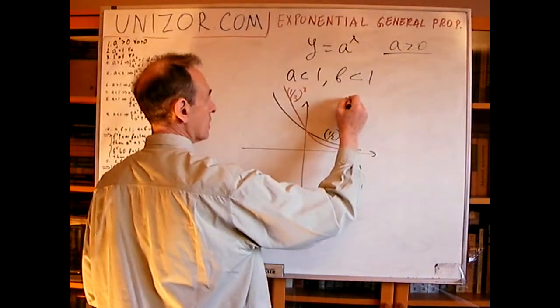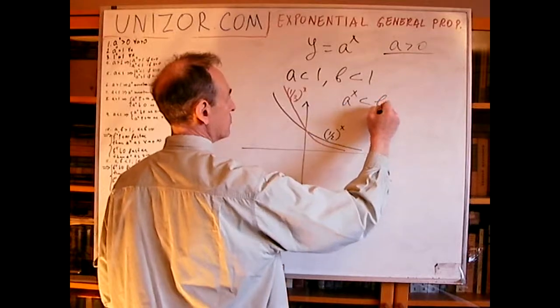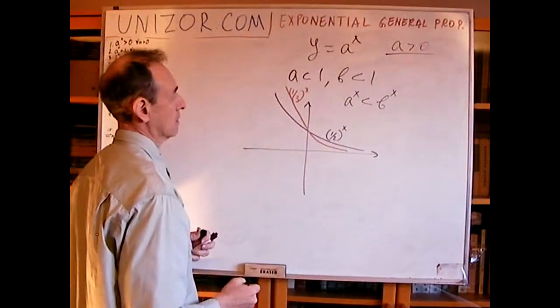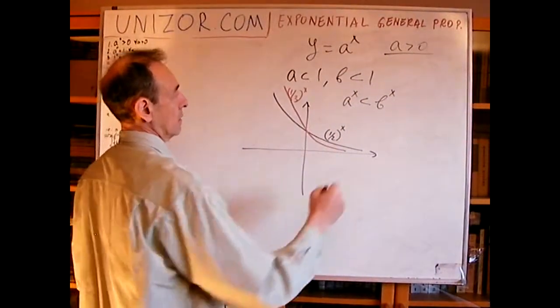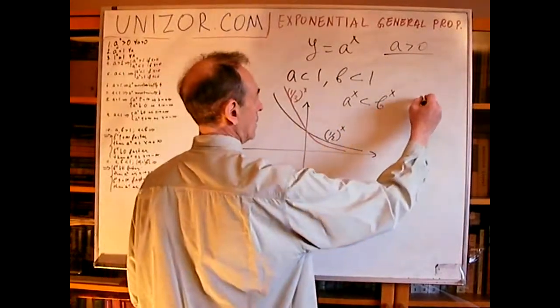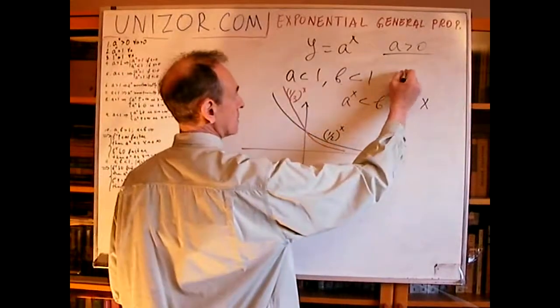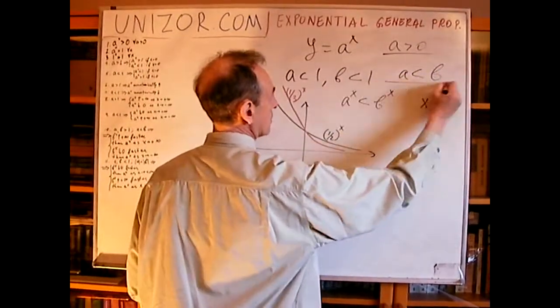The function a to the power of x would be less than b to the power of x for x, yes, and a less than b.